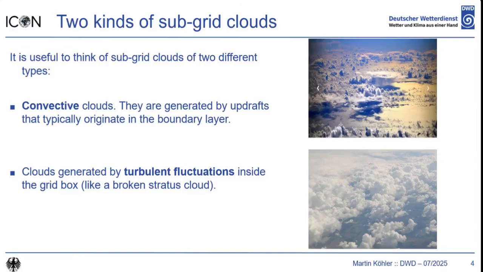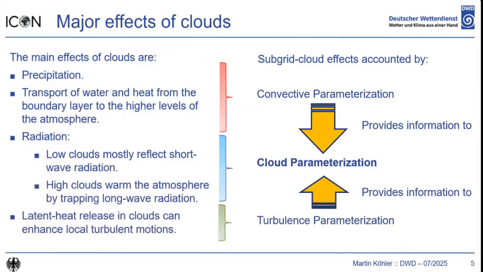If you have larger-scale updrafts, you call that convection. If you have smaller turbulence, you call them turbulent or smaller-scale clouds. But these are then often stratocumulus that are horizontally wide and internally generated from turbulence. So two different types of clouds and two different kinds of parameterizations.